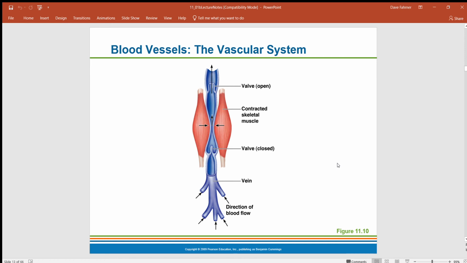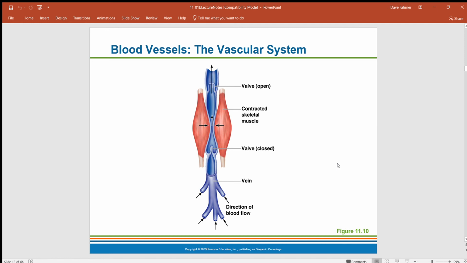It helps to return the flow of blood to the heart. Obviously, if we're trying to increase the heart rate and deliver blood at a very high rate during exercise, we have to be able to return that blood to the heart. And in the using of the muscles, we're actually providing that increased venous return to the heart.